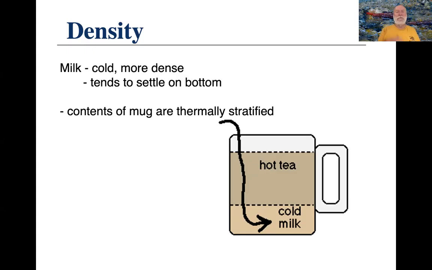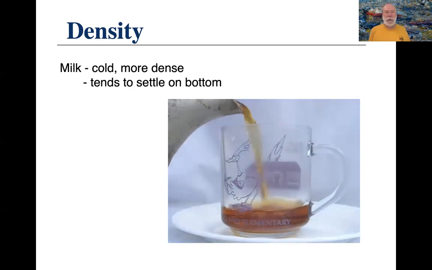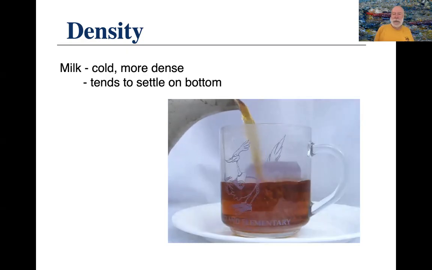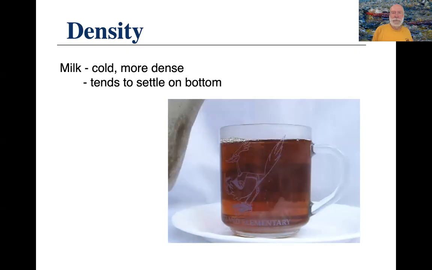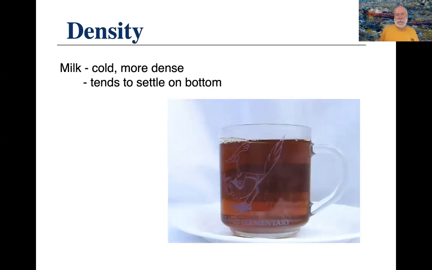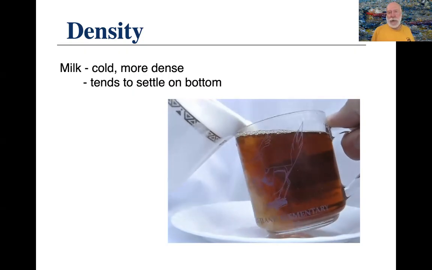So in effect, the contents of the mug become thermally stratified. This little video demonstrates this. So I'm pouring some tea into a mug. We add a little milk, and you'll see the milk will tend to dive down to the bottom.